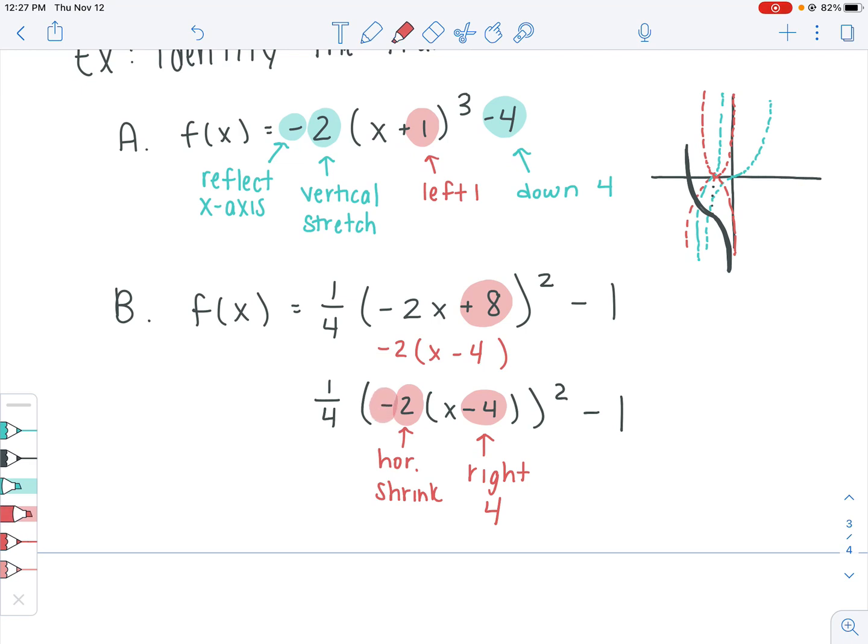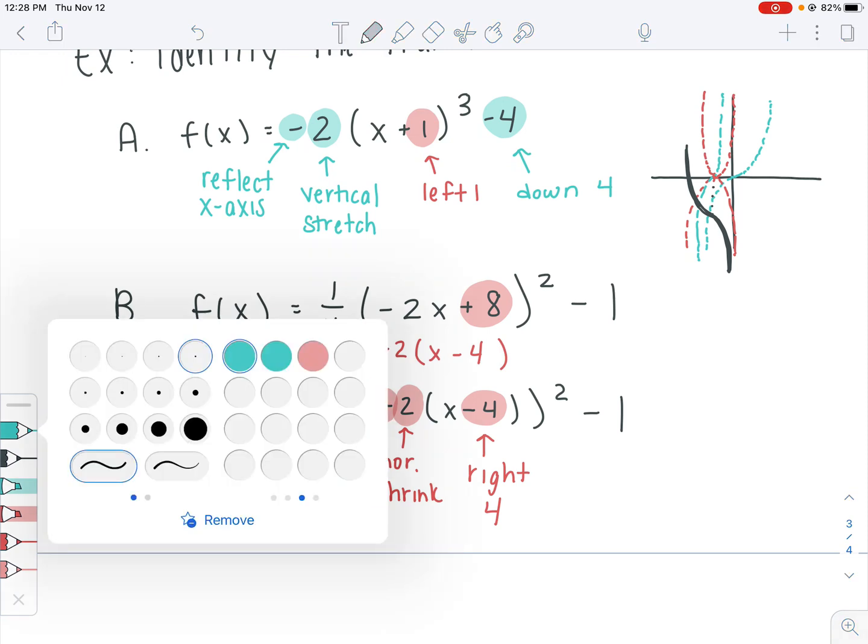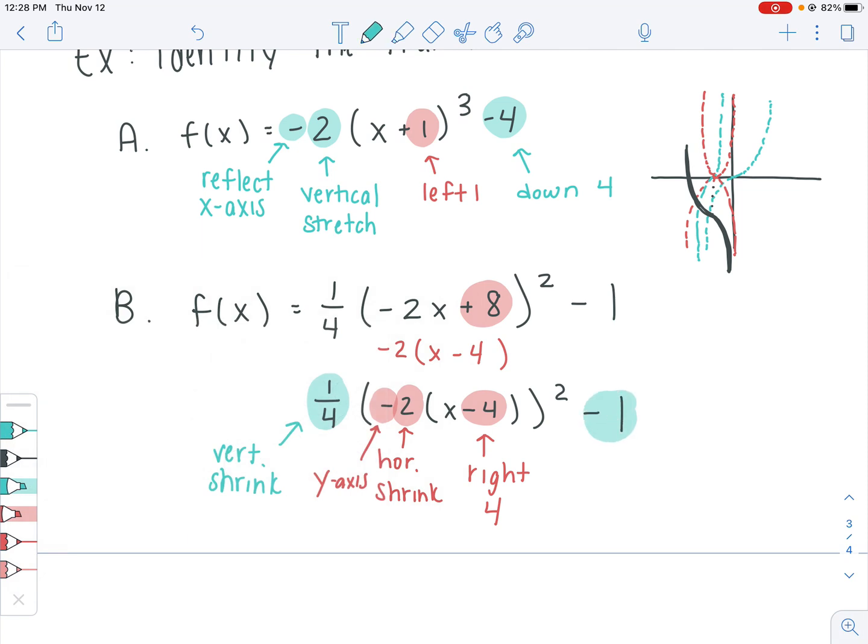I also have a reflection over the y-axis. I have a vertical shrink of 1/4. And the last thing I have is a down 1.